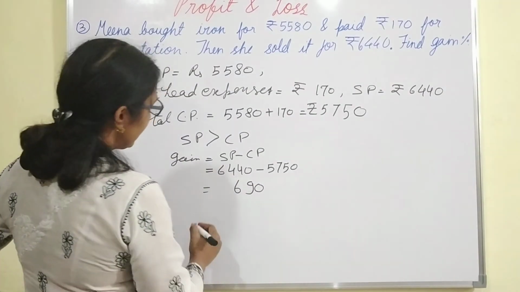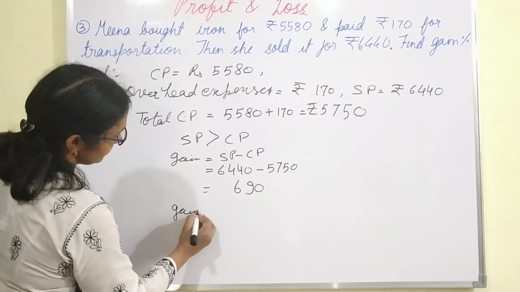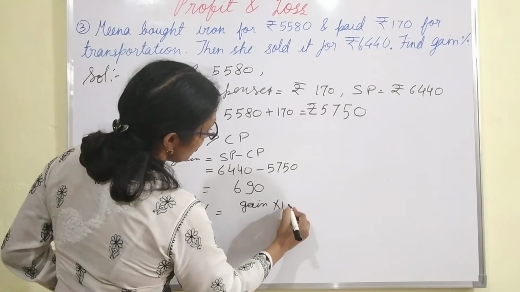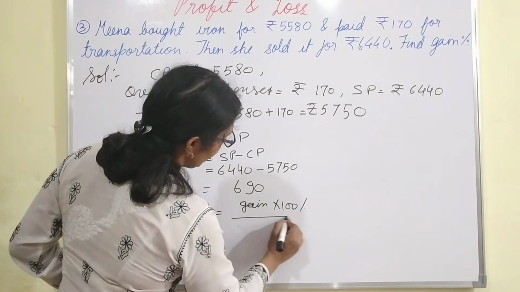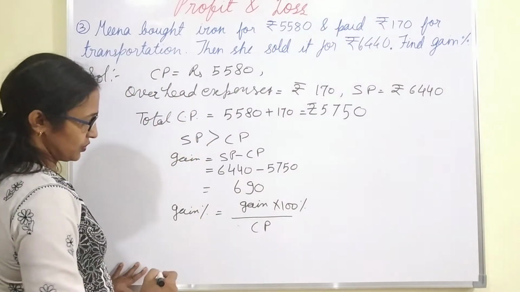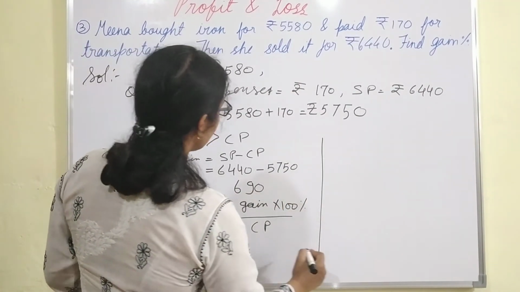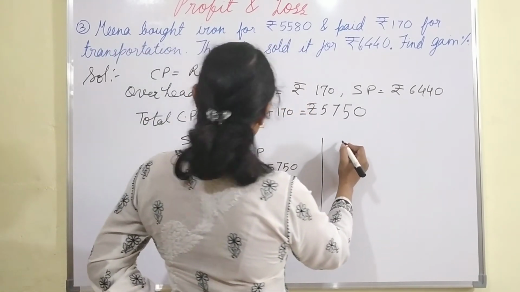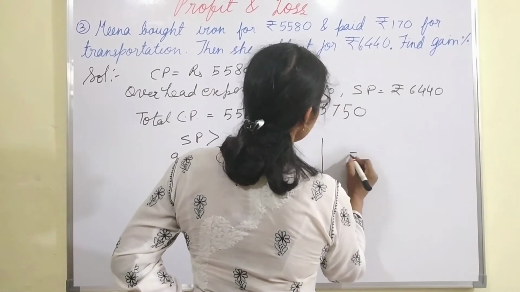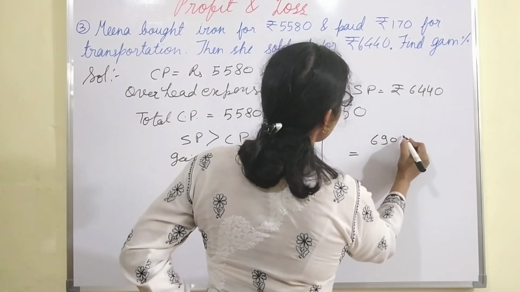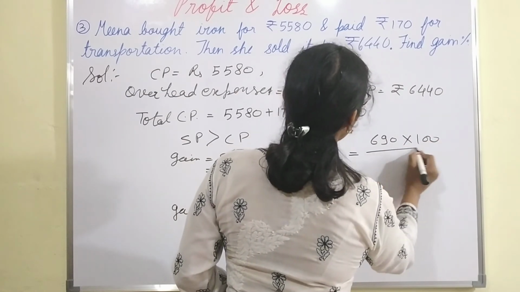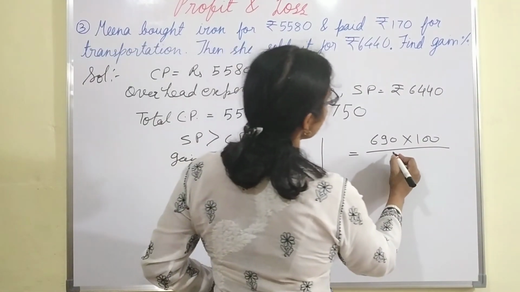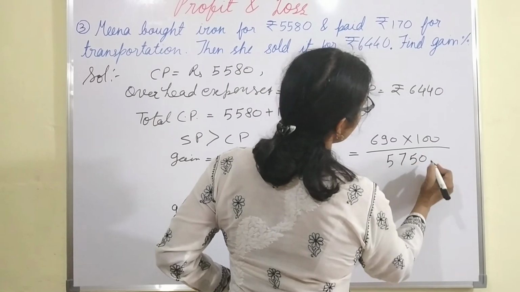Okay. Now gain percent. Gain percent equals gain into 100 upon CP. So gain is 690 into 100 upon total CP, which is 5750.